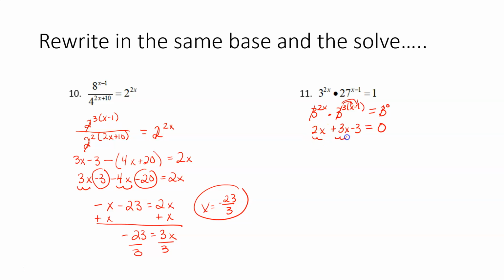So let me combine these. So I have 5x minus 3 equals 0. I'm going to add 3. So I have 5x equals 3. I'm going to divide by 5. So x is 3/5. And that's going to do it.